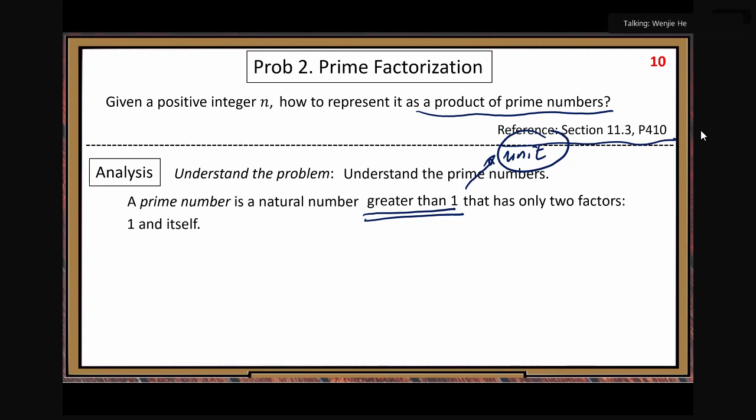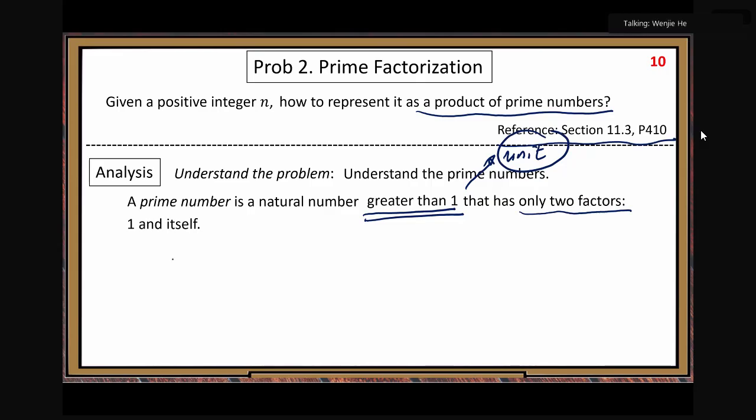After that, in the remaining integer numbers greater than 1, some of them have this property: each one only has 2 factors. Everyone must have factor 1, and everyone must have itself as another factor.